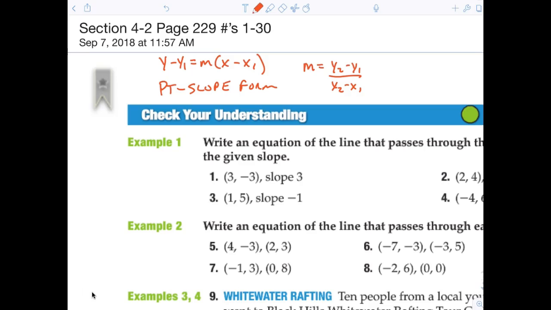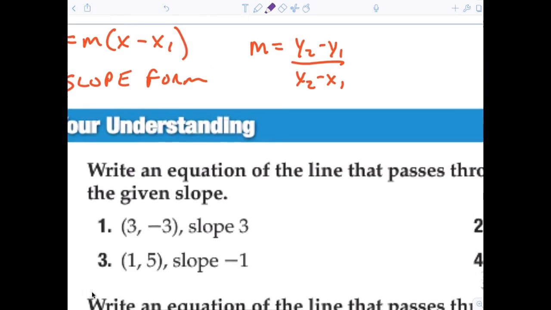This is what I want to show you now. Everybody look up. See how this is division. All I'm going to do is get rid of the division by multiplying both sides by x2 minus x1. If I multiply this side by x2 minus x1, does everybody see those now cancel?